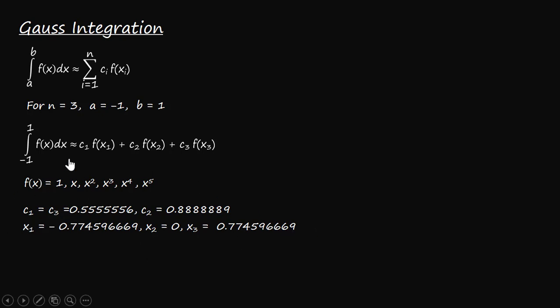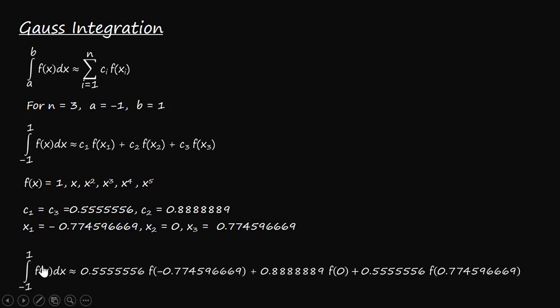Substituting these values into this formula, we will get the integration of the function f of x from -1 to 1 approximated as c1 multiplied with f of x1, plus c2, which is again 0.8888889, multiplied with the function value at x2, plus c3 multiplied with the function value at x3.